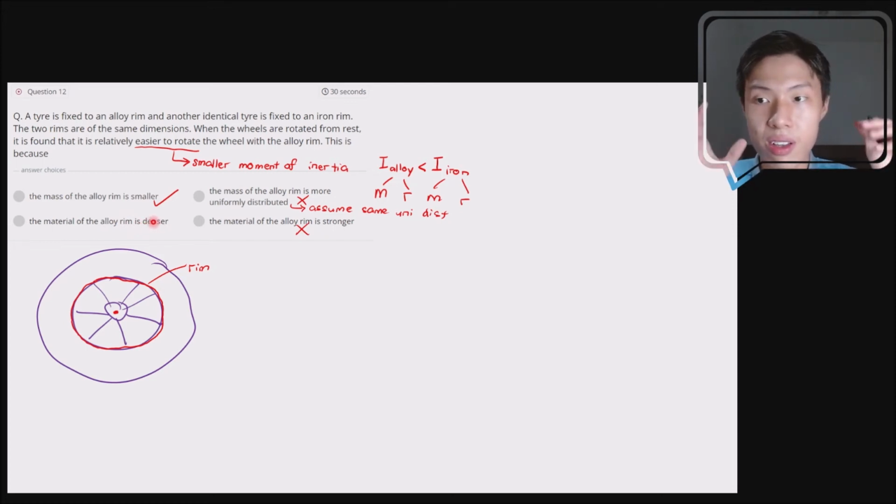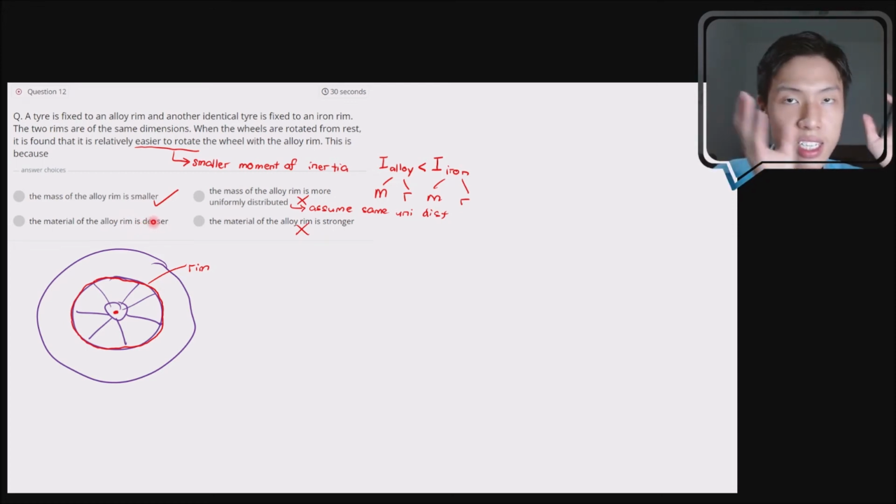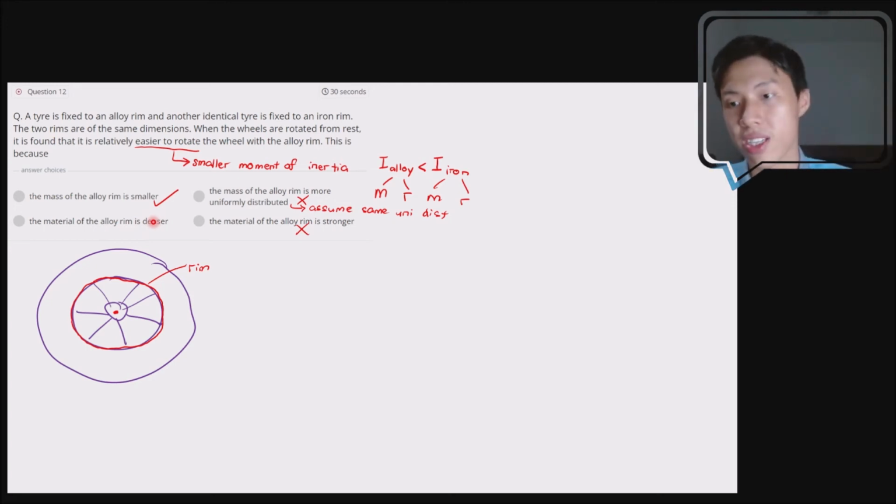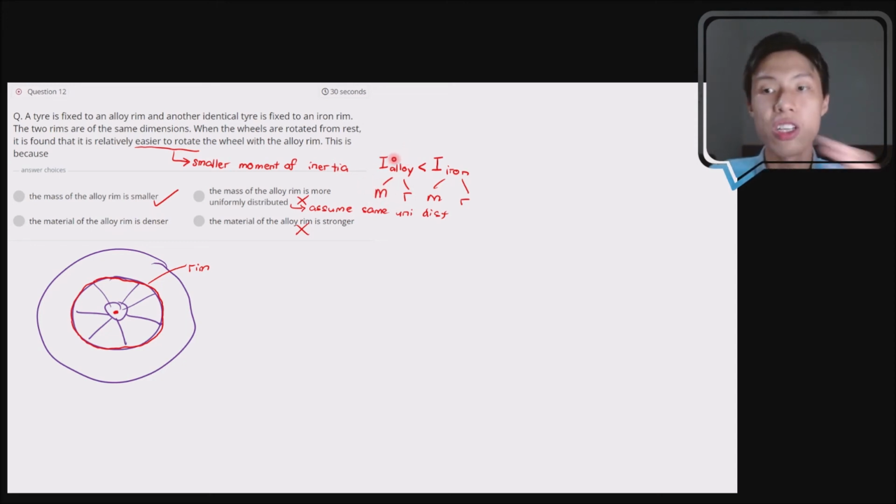Greater density, same volume, then it means greater mass. Alloy rim having greater mass means alloy rim has greater moment of inertia. So that's not the case. We want a smaller moment of inertia for the alloy rim. That's why the answer is the mass of the alloy rim is smaller. So that's how we solve question 12.